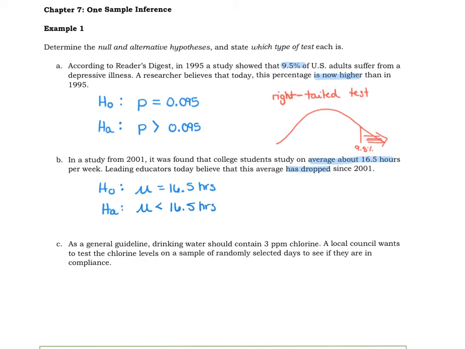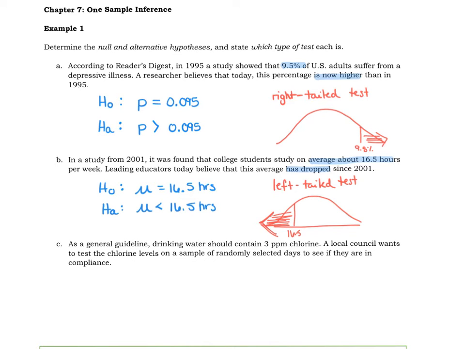In terms of what kind of test this is, it's going to be a left-tailed test because we are testing that the mean is lower. So if you set up what's going on here, with this average value of say 16.5 hours, we think now that value is lower. We're going to test down in that range.